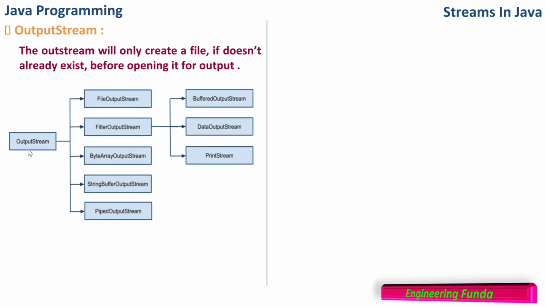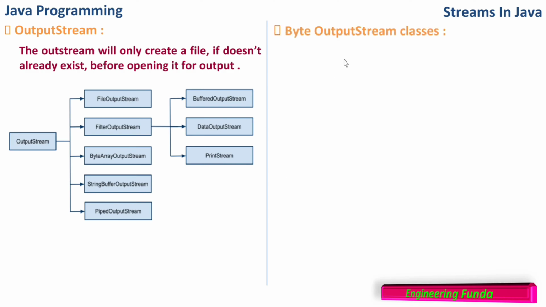Now for the output stream in Java, there are these classes: file output stream, filter output stream, byte array output stream, string buffer output stream and piped output stream. In filter output stream we have buffered output stream, data output stream, and print output stream.